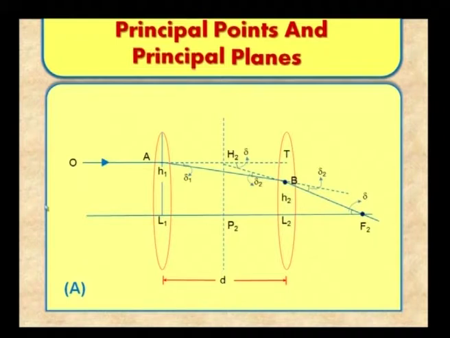Now, what are the 4 refracting surfaces? The light comes here, it is incident at the point A, it undergoes refraction through the material of the lens, which obviously has a different refractive index compared to air. You have air here, you have a material here. This is the first refracting surface.